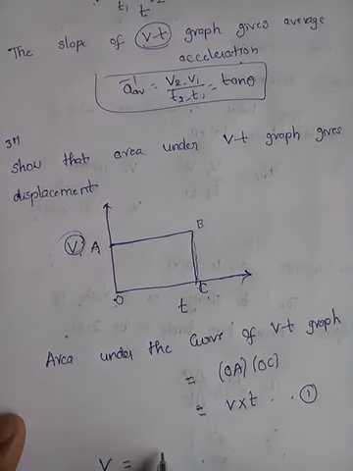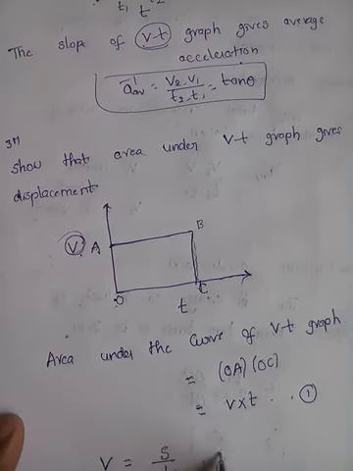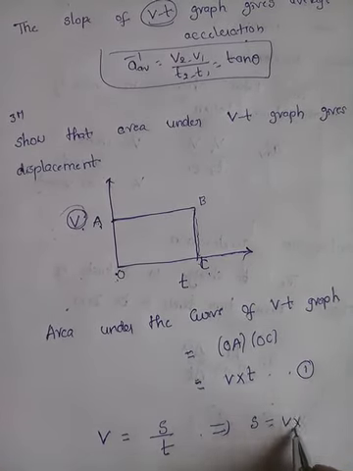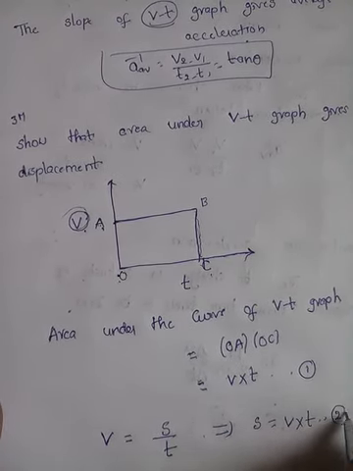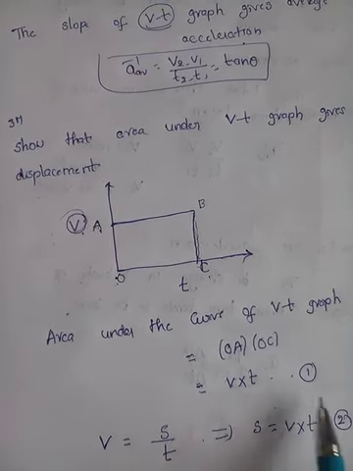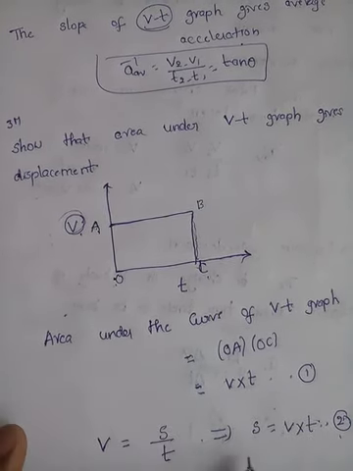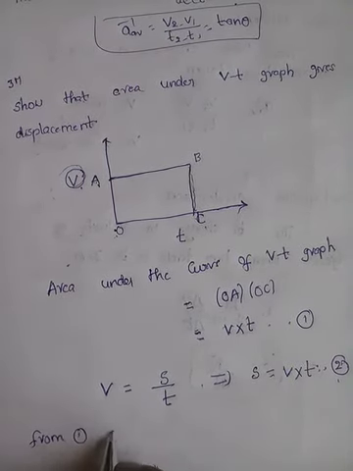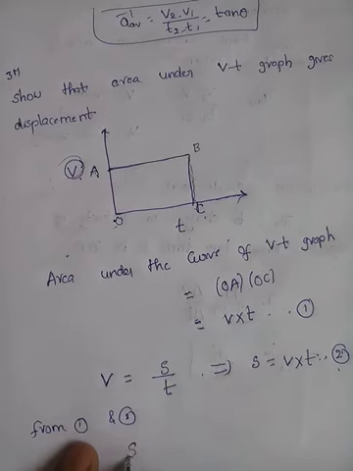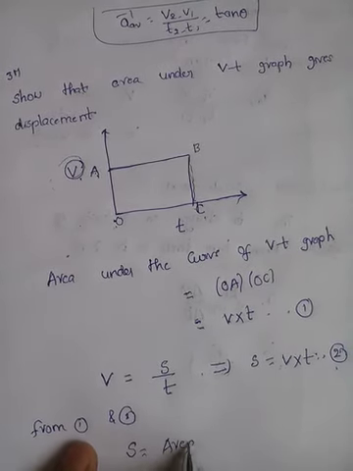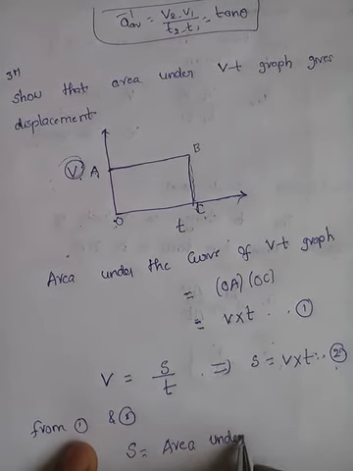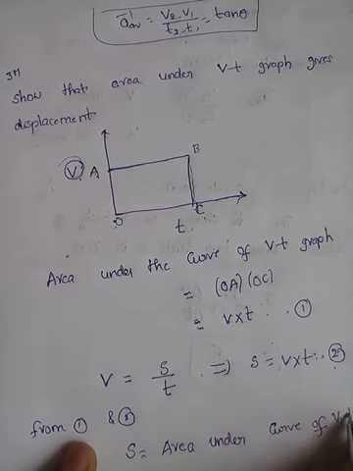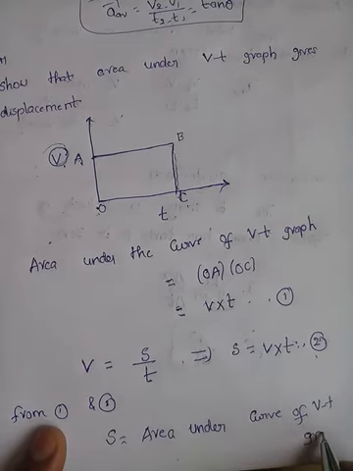Now, the general formula for velocity is displacement by time taken. From this, displacement is equal to velocity into time taken. So the right-hand sides are the same, and we can equate the left-hand sides. From equations 1 and 2, we can write that S is equal to the area under the curve of the VT graph.